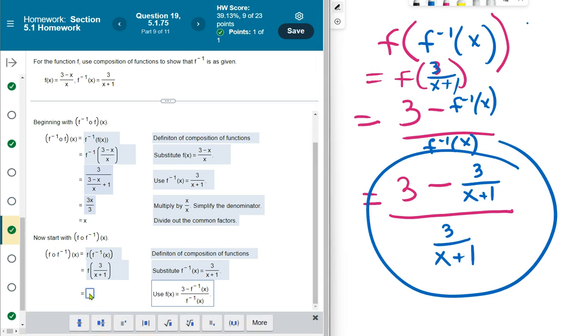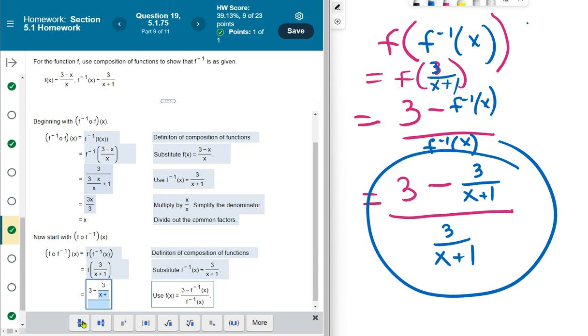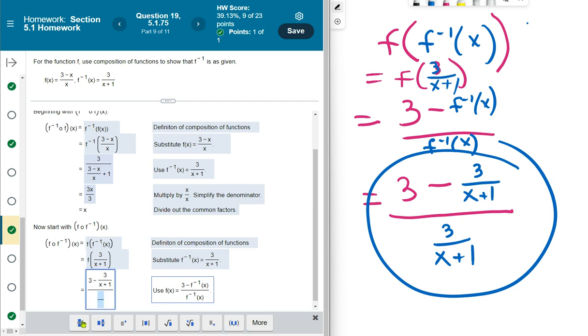Okay, so that's a fraction. And then it's 3 minus another fraction, which is 3 over x plus 1 over another fraction of 3 over x plus 1.